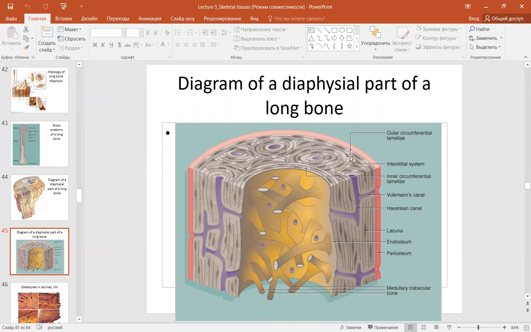Interstitial systems, the bony lamella covering the space between the cylindrically shaped Haversian systems of the osteons. And here you have the Volkmann canal perforating at a right angle with respect to the Haversian canal, right angle from the surface periosteum.